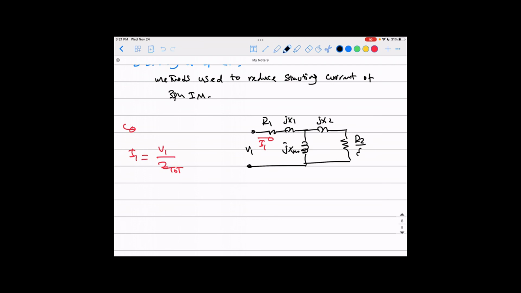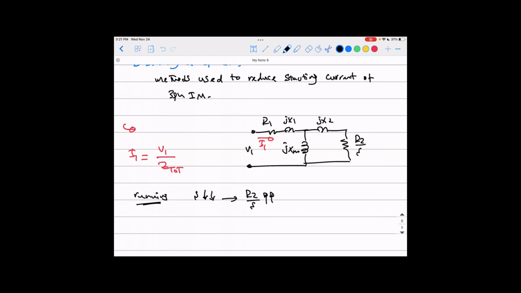If you're talking about running condition, the slip is a very, very small value. Remember, the slip is something like 0.02, 0.01. And this will make R2 over s a very high value because its denominator, the slip, is very small.